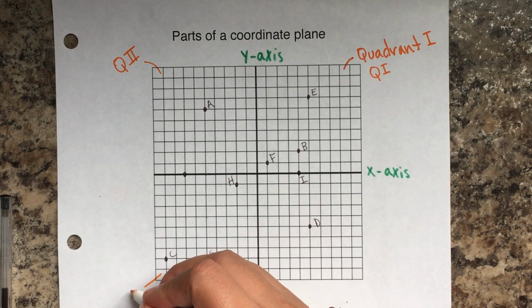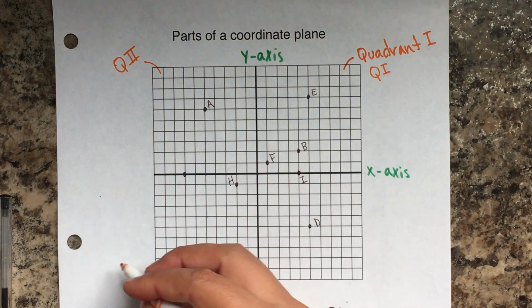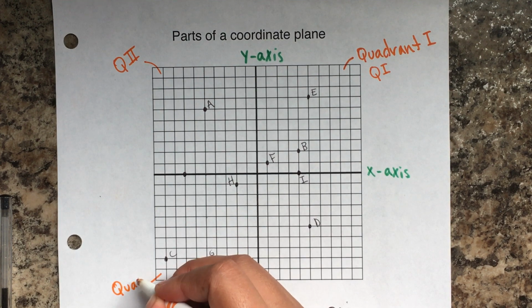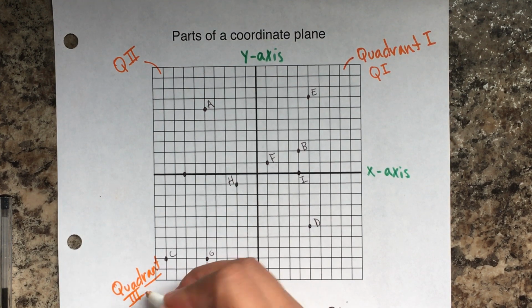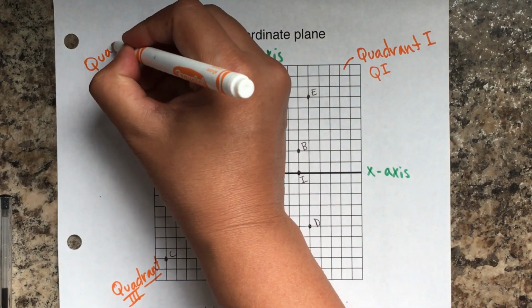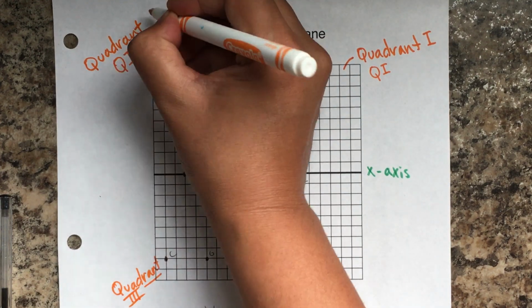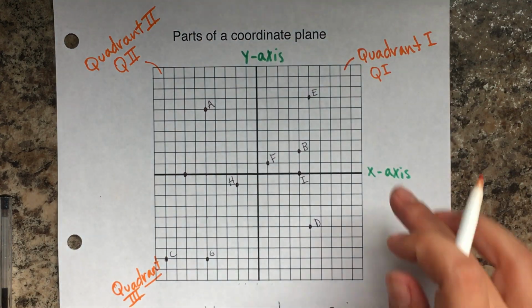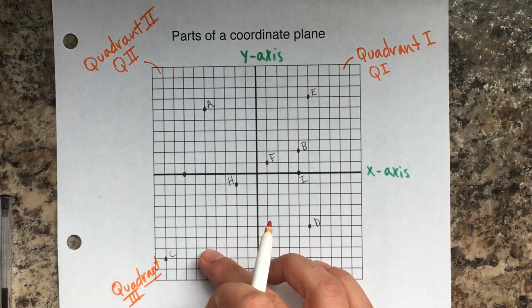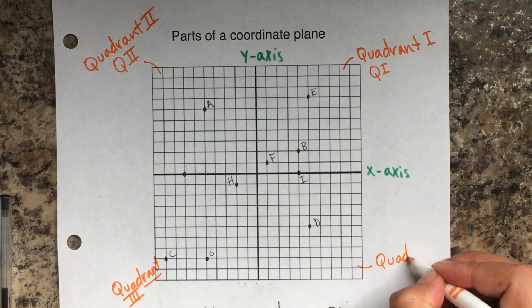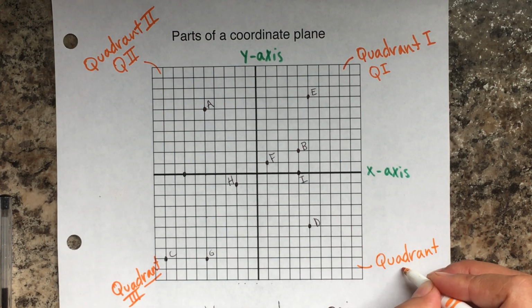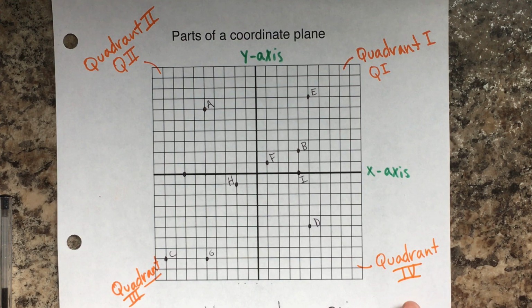The whole thing is quadrant 3. Let me put in here also quadrant. So 1, 2, 3, and this is quadrant 4. So this is how you write 4 in Roman numerals.